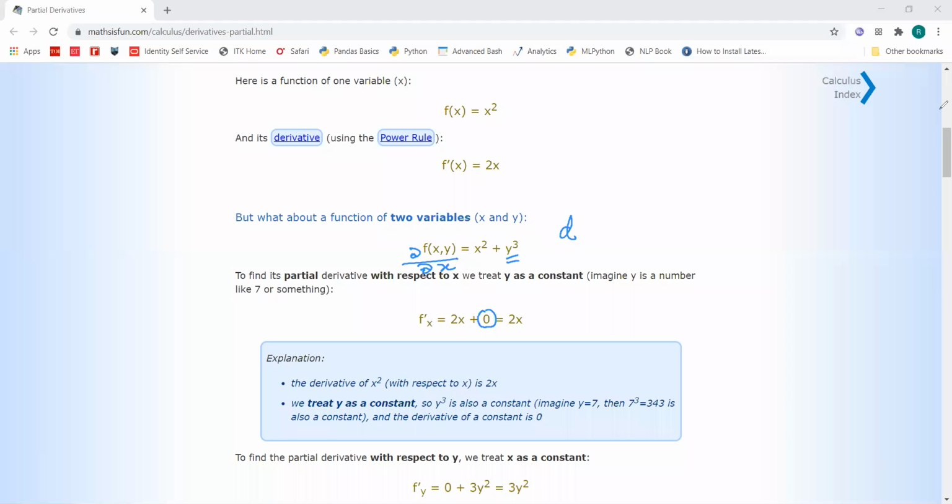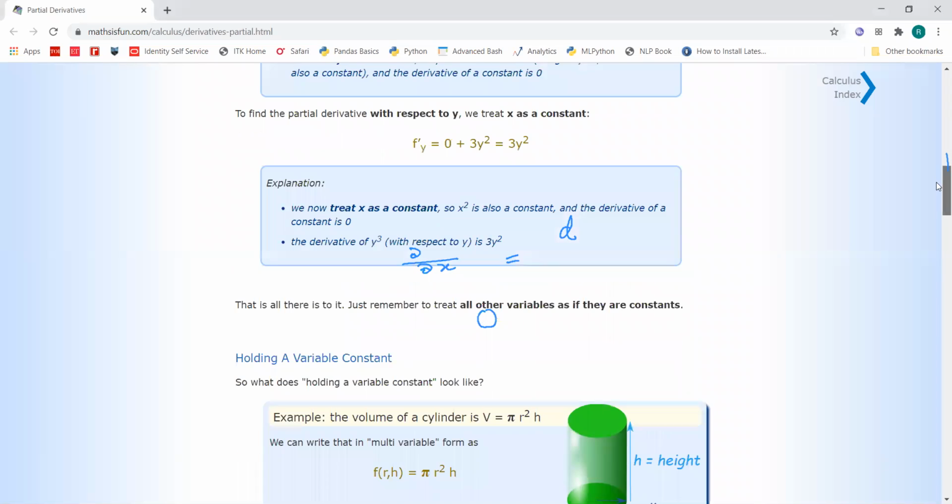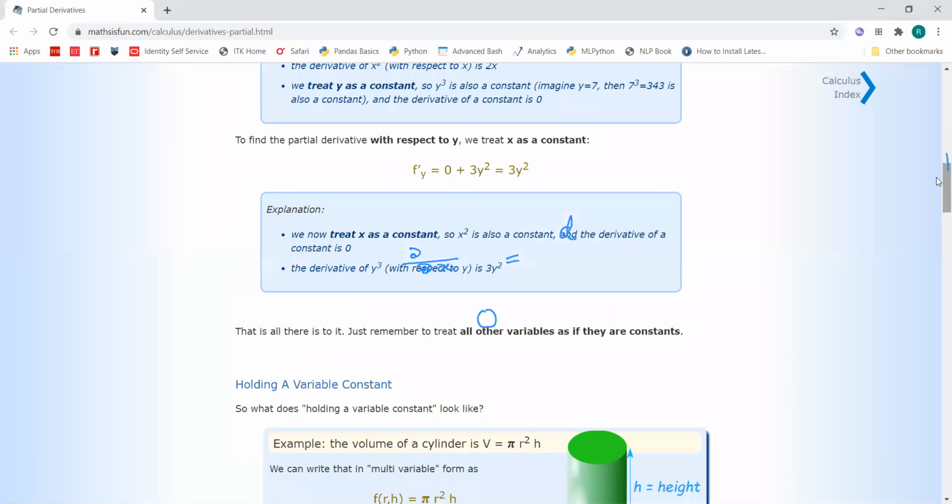Let me scroll down. Here you can see the second time we are doing it with respect to y and we kept x as constant.